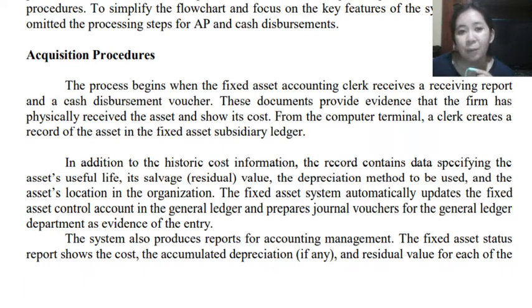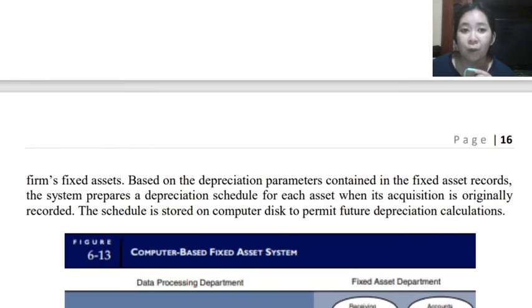The system will provide also reports for accounting management. The fixed asset status report will show the cost, accumulated depreciation, if there is any, and the residual value for each of our firm's fixed assets.